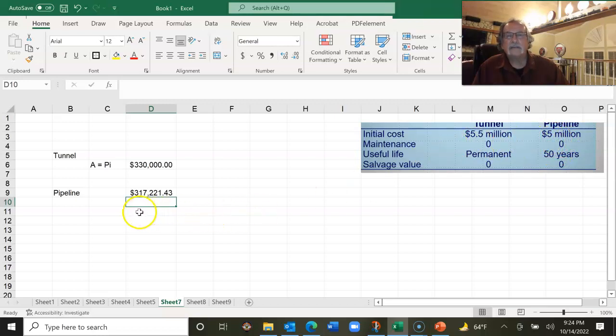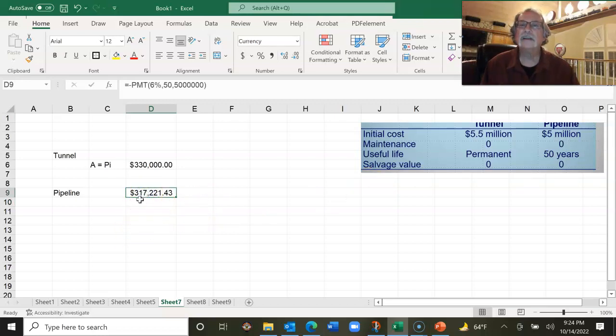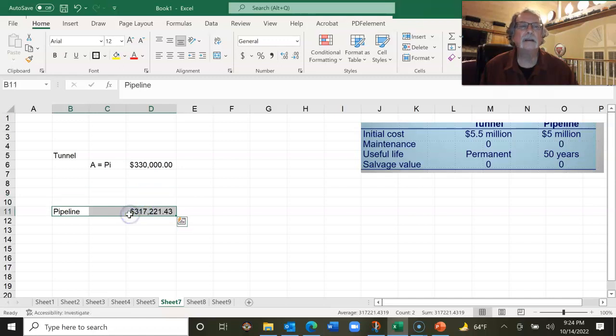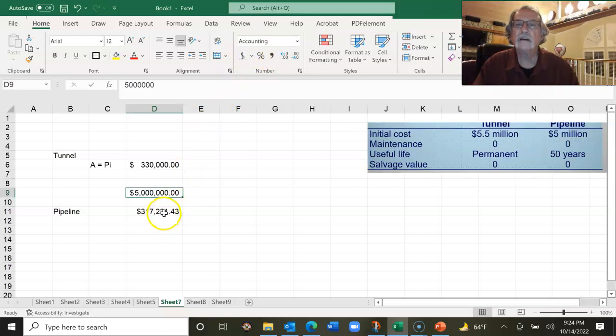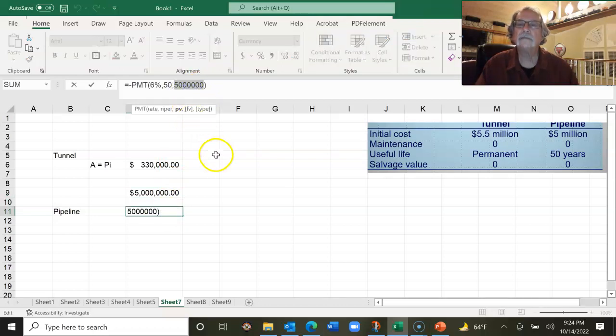But let's do a little what-if analysis. Let's make this a variable. Just move this down here and say this variable is $5.5 million. And so instead of having that as 50, let's make it a variable.